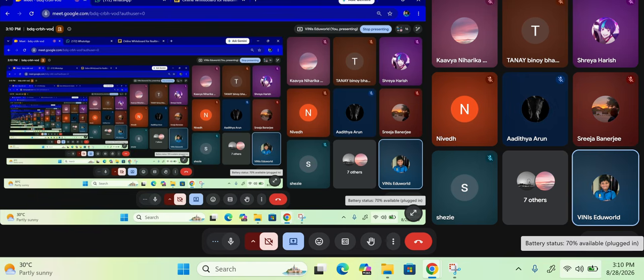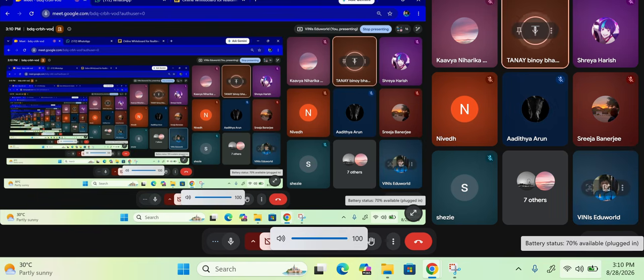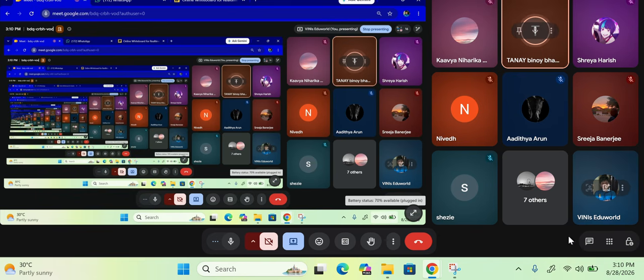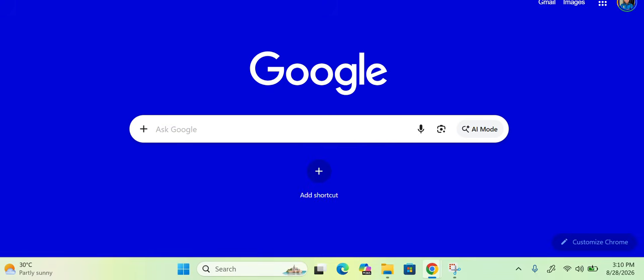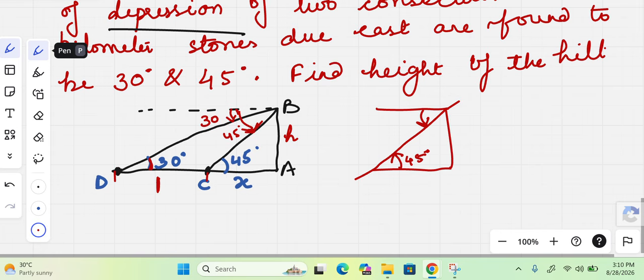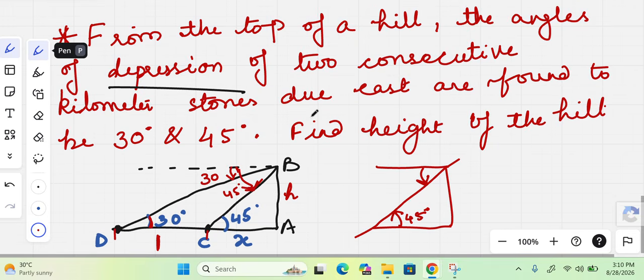Angle. They asked for the height of the hill. Any doubt?